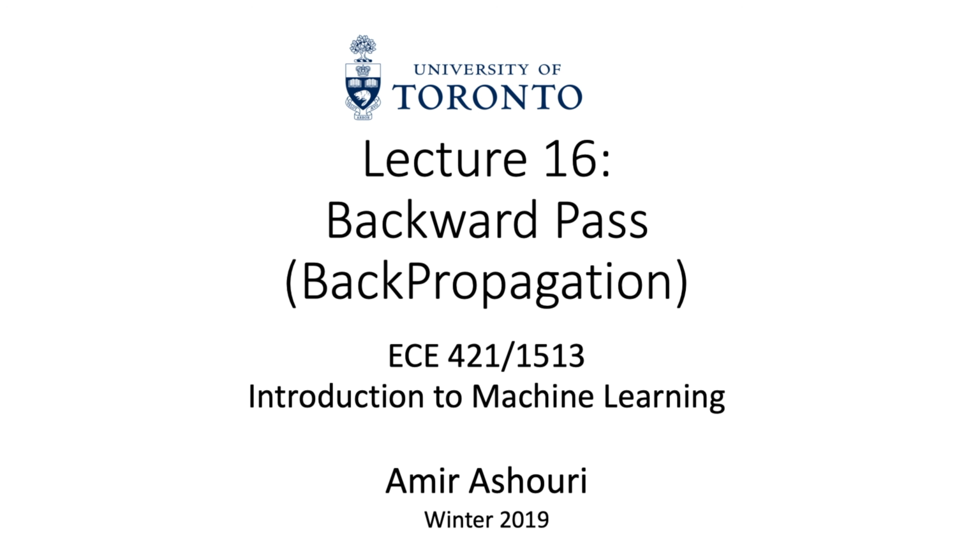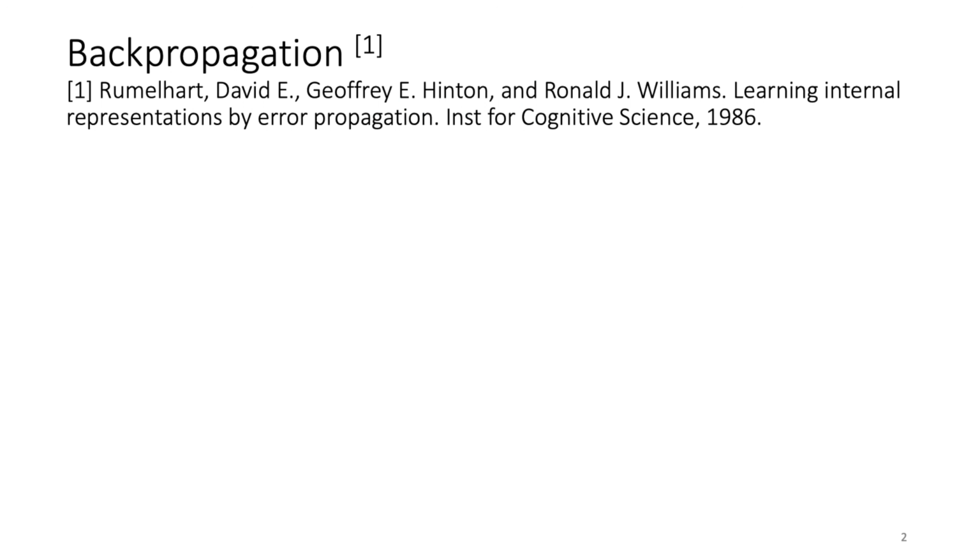Today we are going to talk about the backward pass, or backprop algorithm. Last session we mentioned the algorithm proposed by Hinton and his collaborators in 1986 to speed up the way the algorithm does the backprop pass.